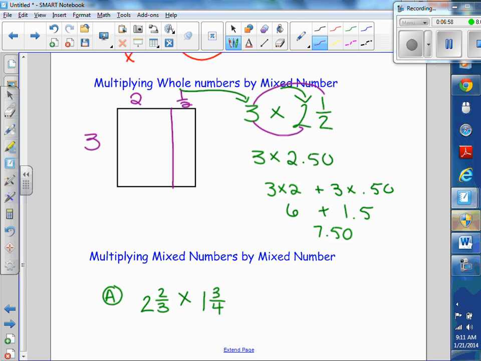Okay? So what the area model shows is 3 times 2 is 6, and then 3 times a half, just think of it as half of 3. But also you can think of 3 as a fraction all the time. 3 over 1 times 1 over 2.